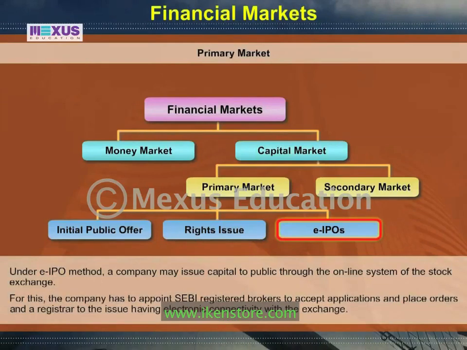E-IPO. Under the E-IPO method, a company may issue capital to the public through the online system of the stock exchange. For this, the company has to appoint SEBI registered brokers to accept applications and place orders, and a registrar to the issue having electronic connectivity with the exchange.